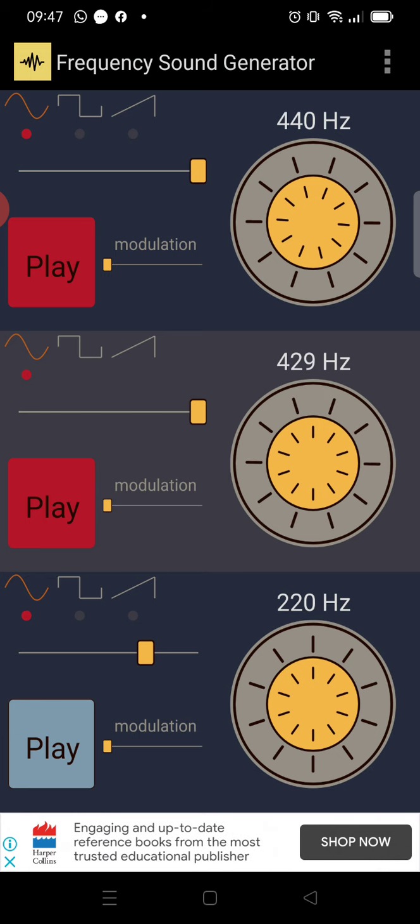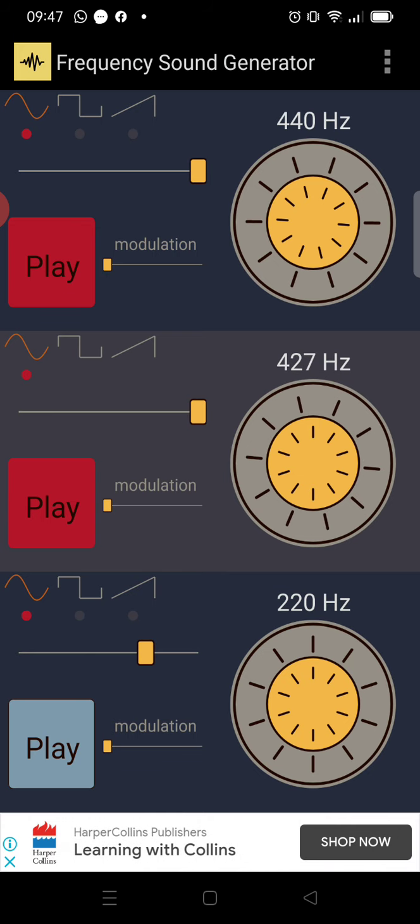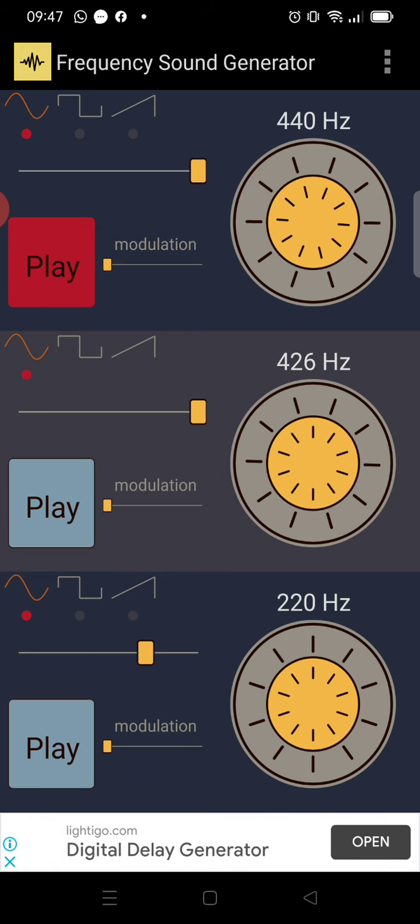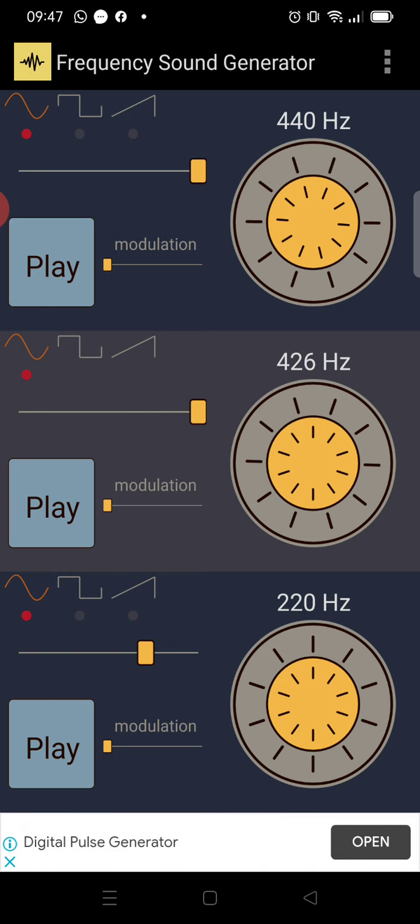This is 11 beats, 12 beats, 13 beats, 14 beats. I'm not sure if you can tell, but I think it's starting to become a little clear that the frequency is gradually decreasing.